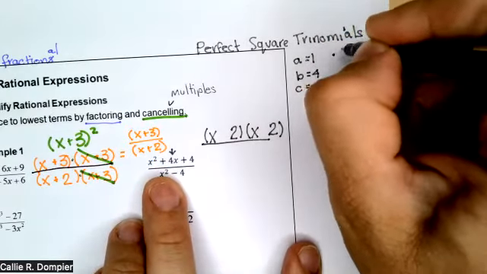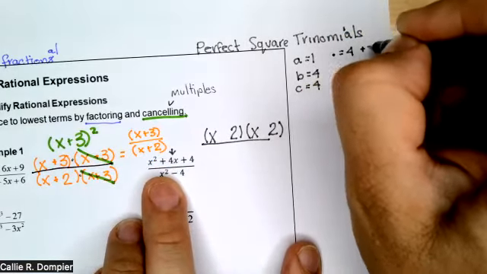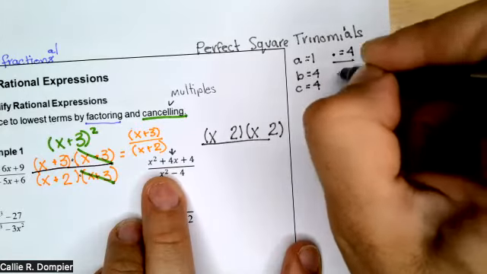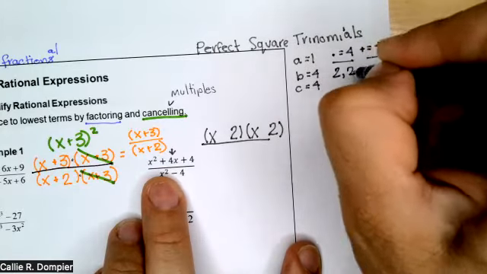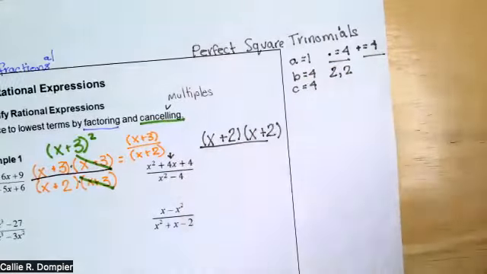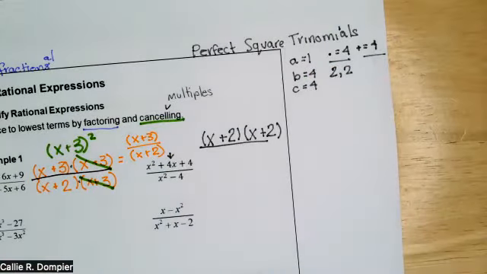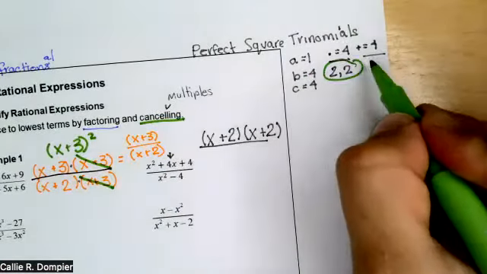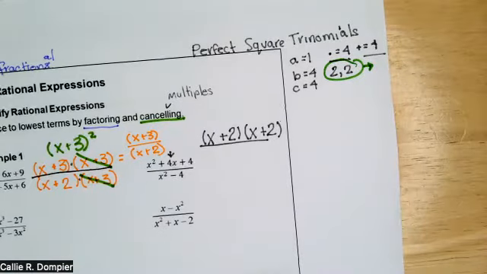So that means they need something that multiplies to equal 4 and adds to equal 4. So the only choice there is positive 2 and 2, right? So that's how I got those. Both positives. They multiply to 4 and they add to 4.